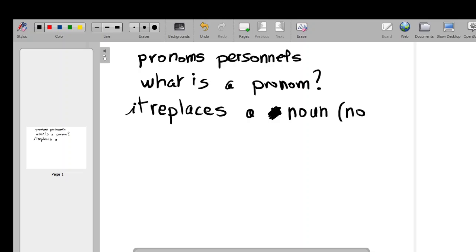Nom en français. More exactly, it replaces a group of words that can be seen as a noun. But it could also replace a preposition. So sometimes it's called a substitute instead. Substitute.